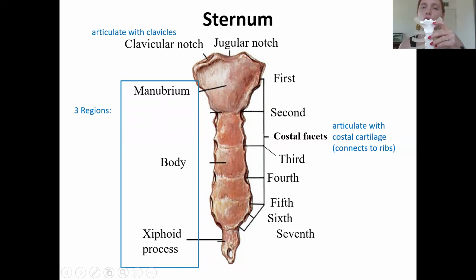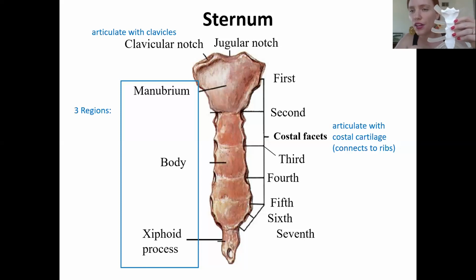Okay, for the manubrium here, there are 3 little notches at the top. The top one here, you can actually find that yourself, that little pit when you push at the top of your sternum. That right there is called the jugular notch. And then on the side of that, these 2 notches on the side, those are called the clavicular notches.